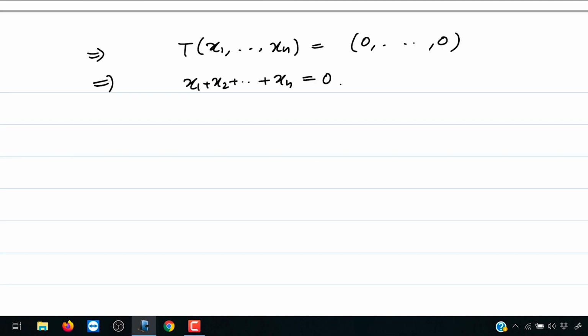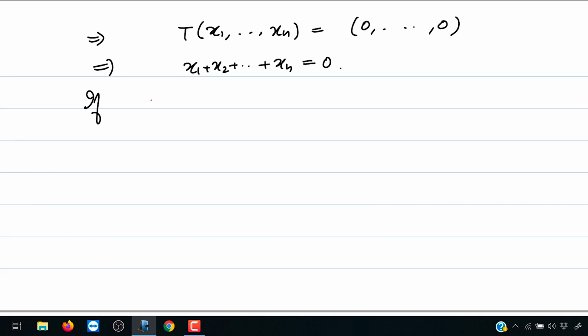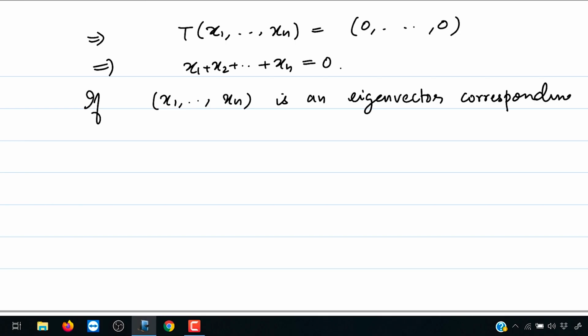So if (x1 to xn) is an eigenvector corresponding to 0, or in this case it's just going to be the null space of T, then x1 plus x2 plus up to xn is 0. I'll leave it as an exercise for you to check that.